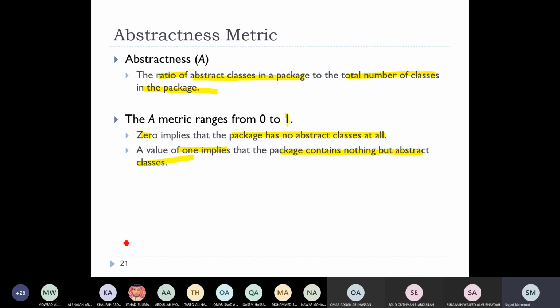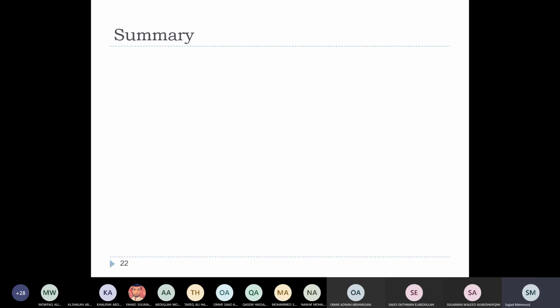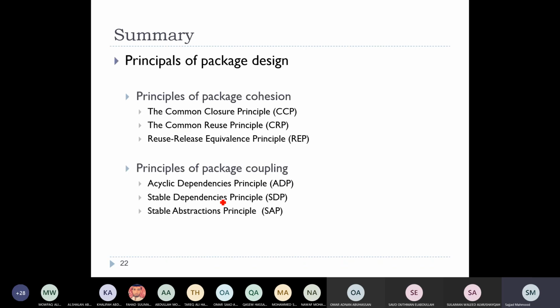So let's summarize this. This is something we were supposed to complete the other day. So let's summarize this whole package design principle. Let's start with the coupling, because we were talking about it: at the end of the day, we want to minimize the coupling between packages.